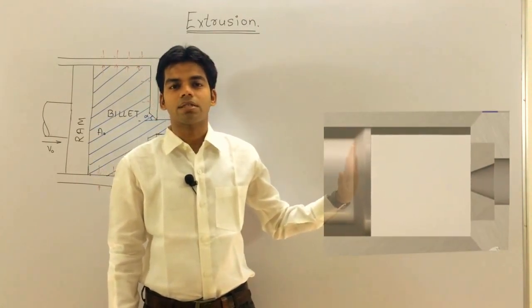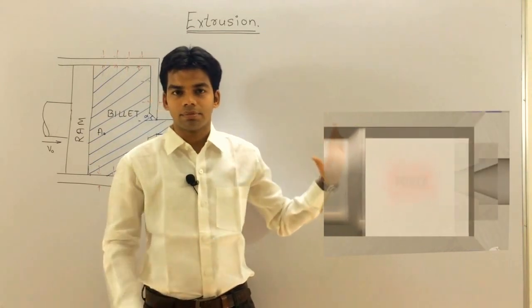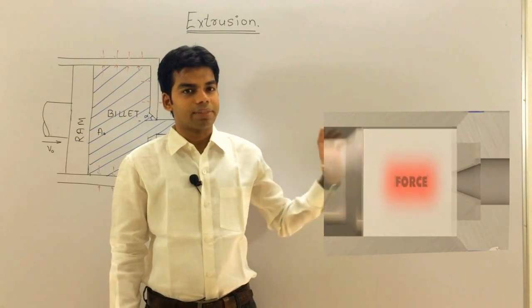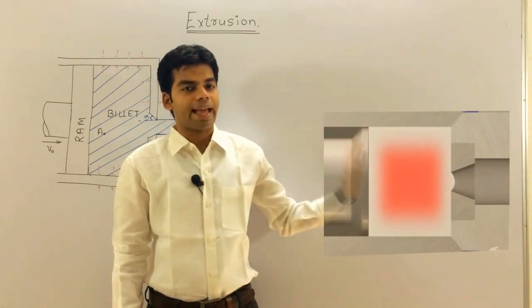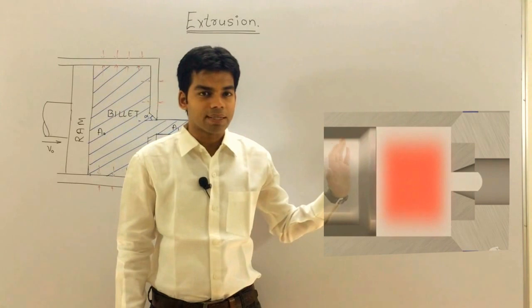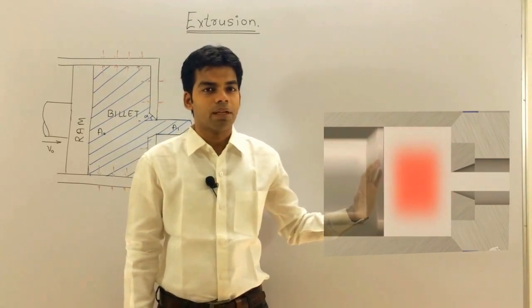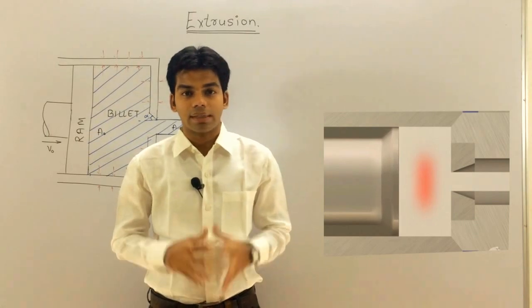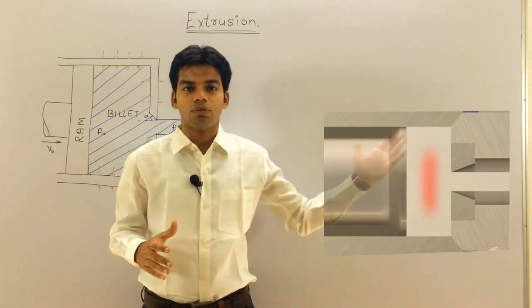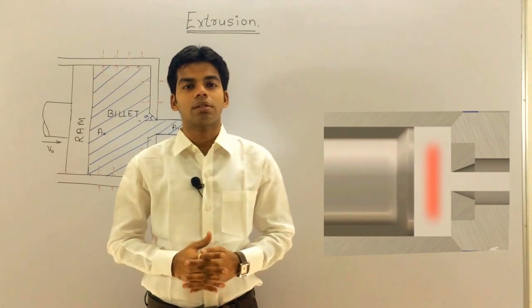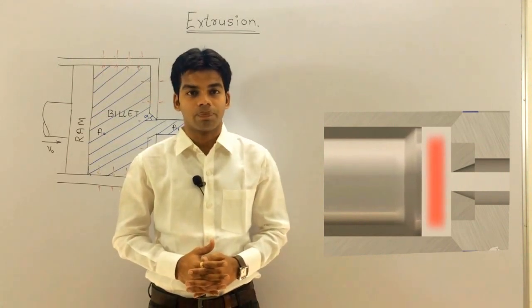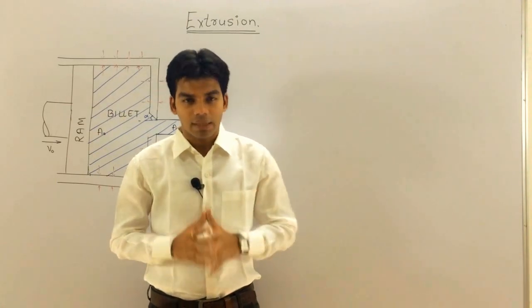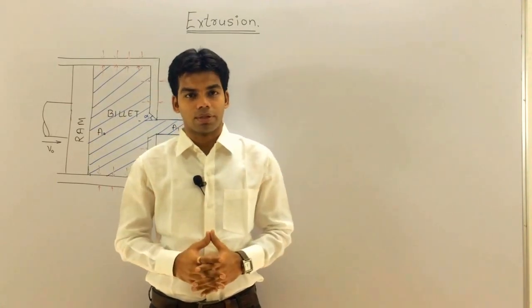The billet will first fill that container, and once the container is completely filled by the billet, then a compressive force will act on the billet, compressive stress will act on the billet, and as this compressive stress becomes greater than the flow stress, the material will start flowing out of the container, and it will take the shape of the die which is placed at the exit. This process is nothing but an extrusion process.